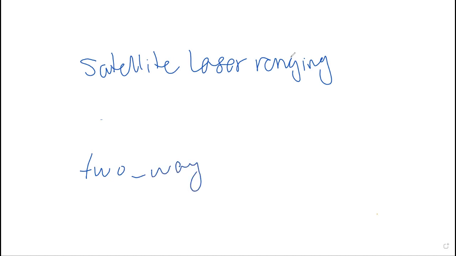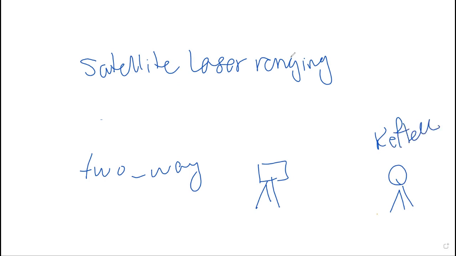Two-way system is that I have a sender, a transmitter here, and I have a reflector somewhere. This is a reflector, and this, for example, is the transmitter. The signal is sent to the reflector and receives the reflection.